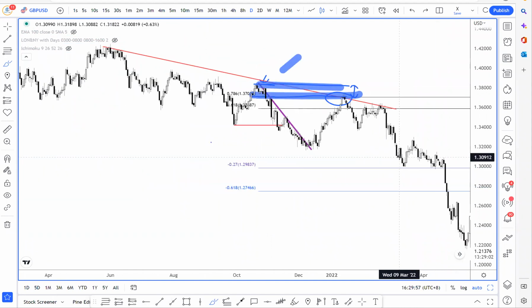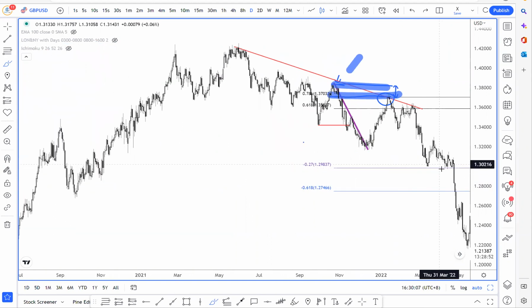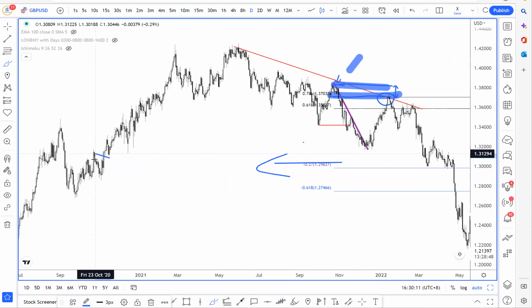While highlighting this, I also want to highlight that these numbers are just reference numbers you can consider for take profit targets, but you also want to consider, whenever you have a retracement level, looking to the left of the chart to see if there are any key graphical levels.